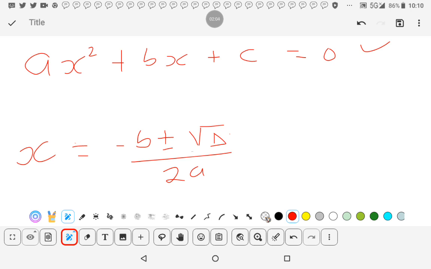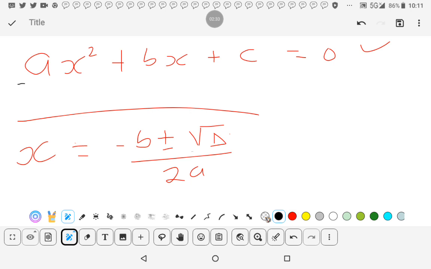The question here is, what is a all about in this formula? So what is a? A is your coefficient of x squared.